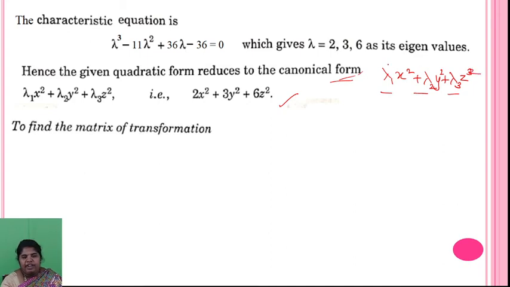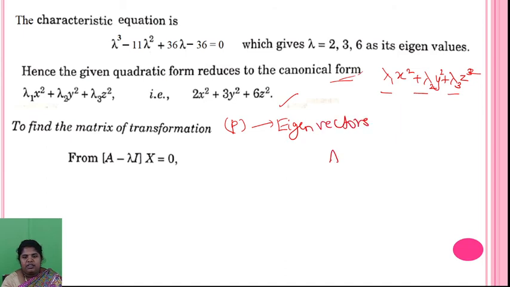Now we are going to find the matrix which helps to transform the given matrix to diagonal form. That is, we are going to find the matrix P. To find P, we need eigenvectors. So we find the eigenvectors using the expression A minus lambda I into x equal to 0.